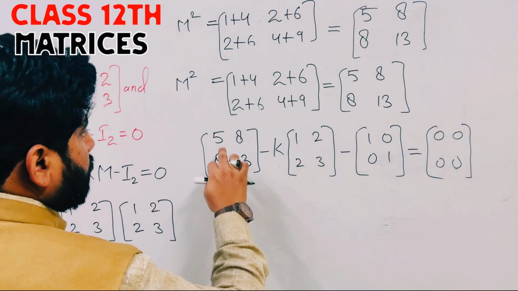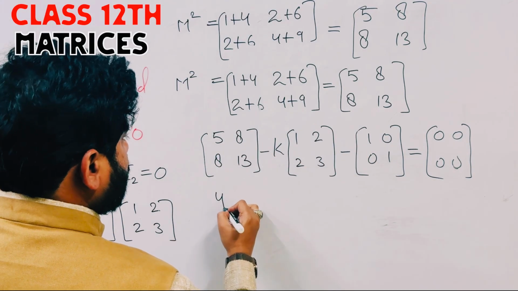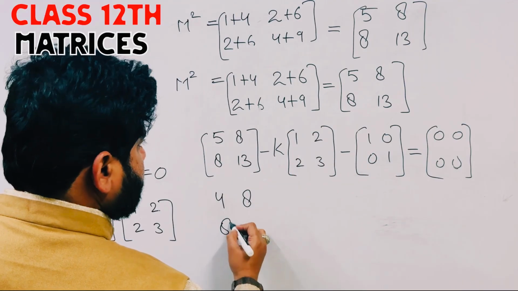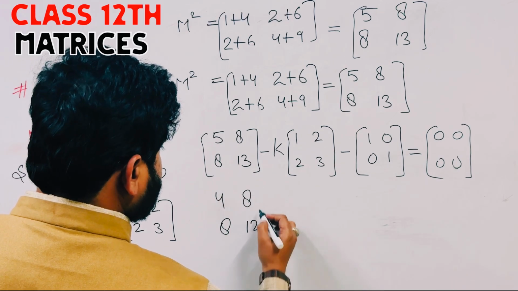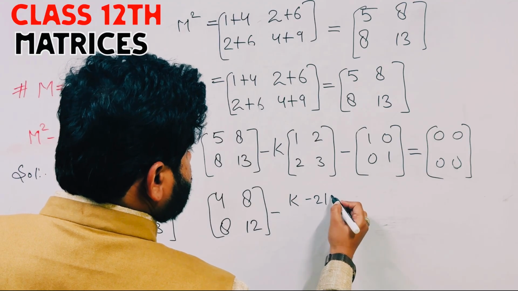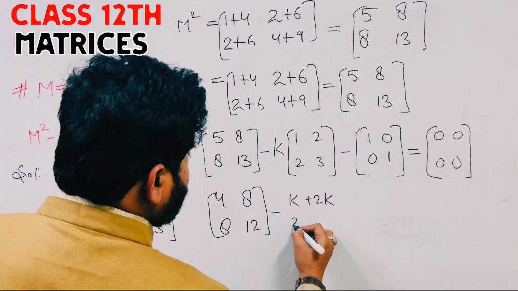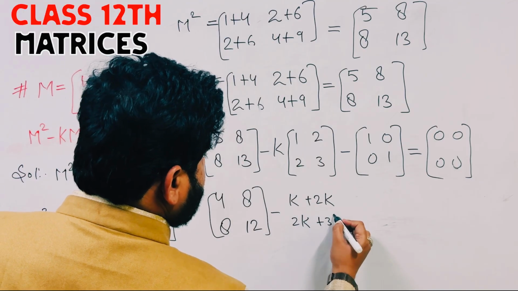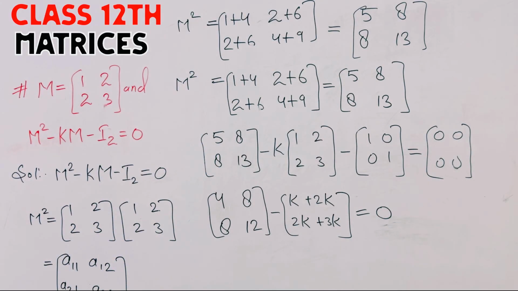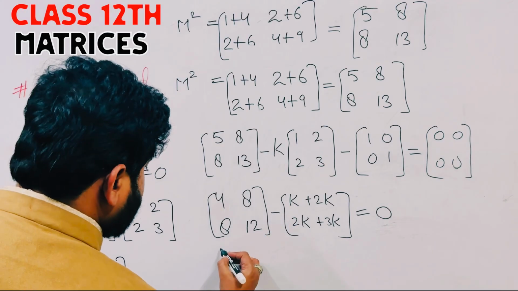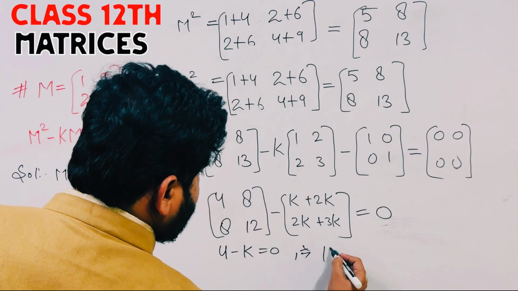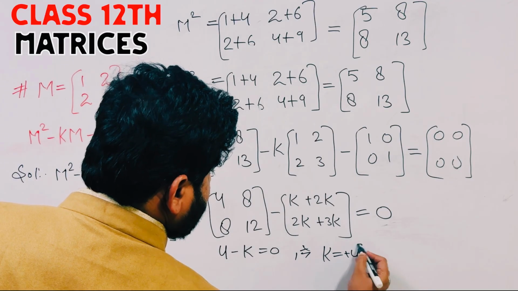Okay, now 5 minus 1 is 4, 8 plus 0 is 8, 8 minus 0 is 8, 13 minus 1 is 12, minus k, minus 2k, plus 2k, plus 3k is equal to 0. Now 4 minus k is equal to 0, then the value of k is plus 4.